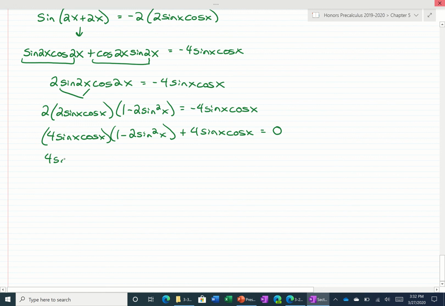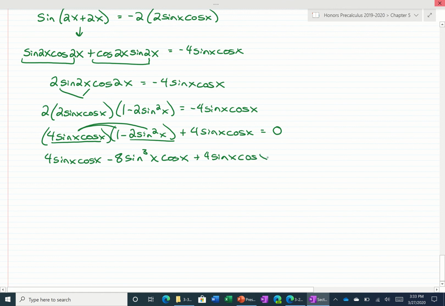So this would be 4 sine of x cosine of x minus 8 sine squared of x, let me see here, that would be minus 8 sine to the third of x cosine of x, and then plus 4 sine of x cosine of x.